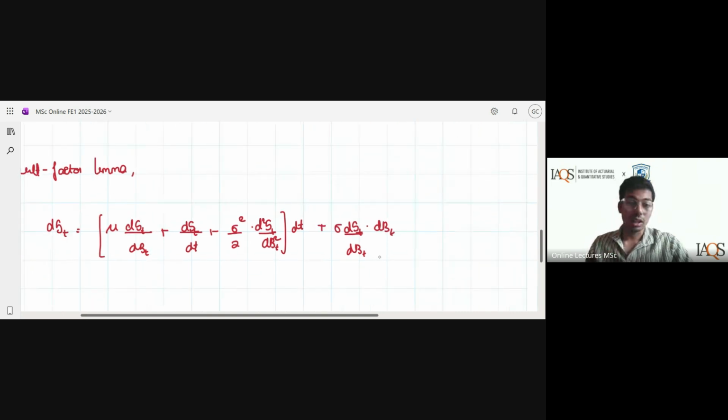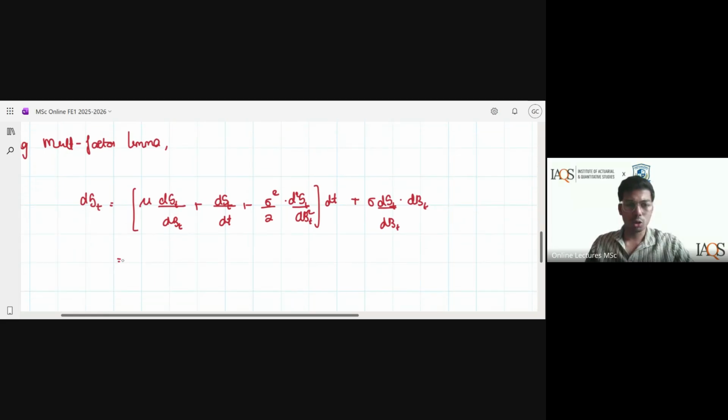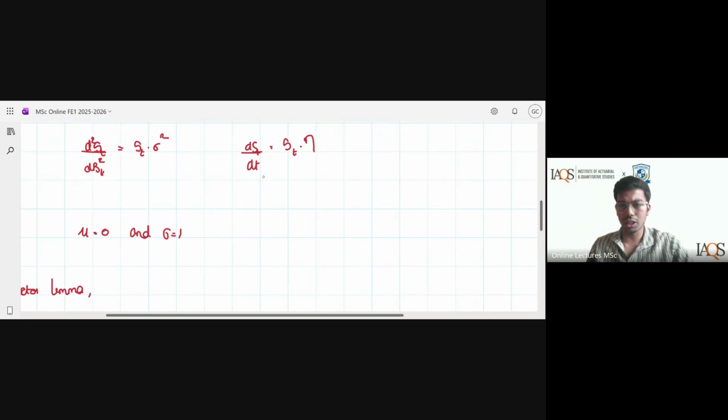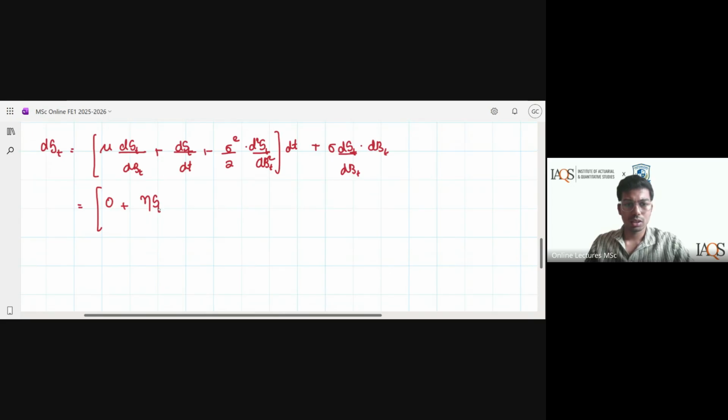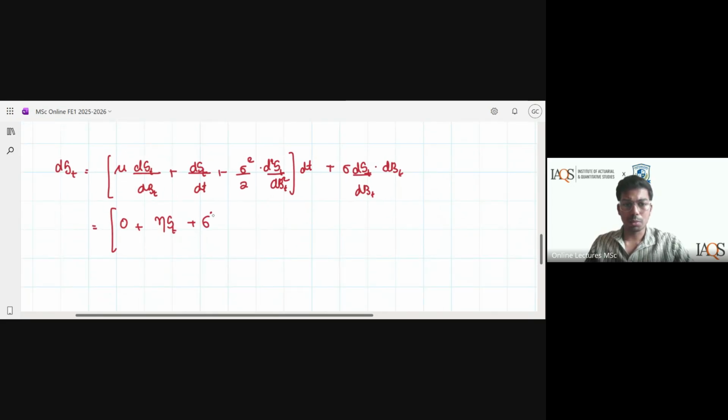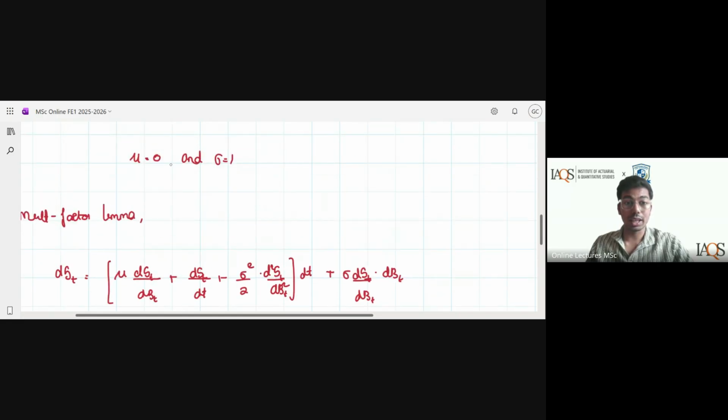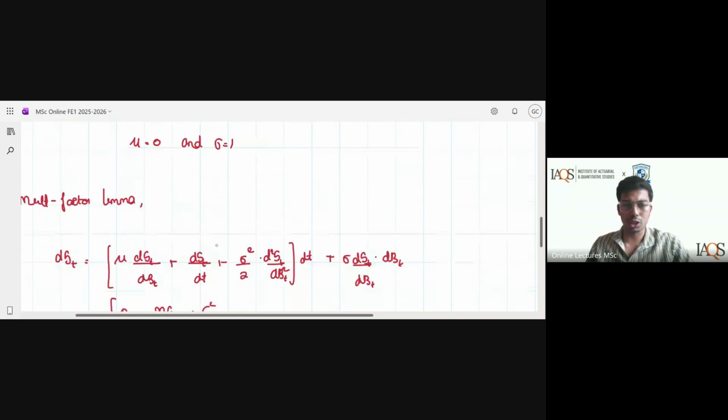Fine with this? Let's substitute our values. I know mu is 0, plus dSt by dt is eta into St, plus sigma square by 2. I know the second derivative of this is St into sigma square.